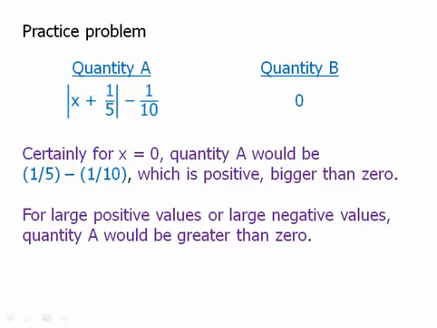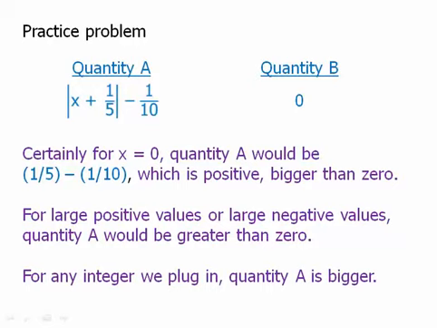And in fact, we're not going to demonstrate this, but I'll just point out, for any integer we plug in, quantity a is always bigger. I happen to design the problem so that for every integer value, quantity a is bigger. So if you just plug in integers, you'll always get that a is bigger.